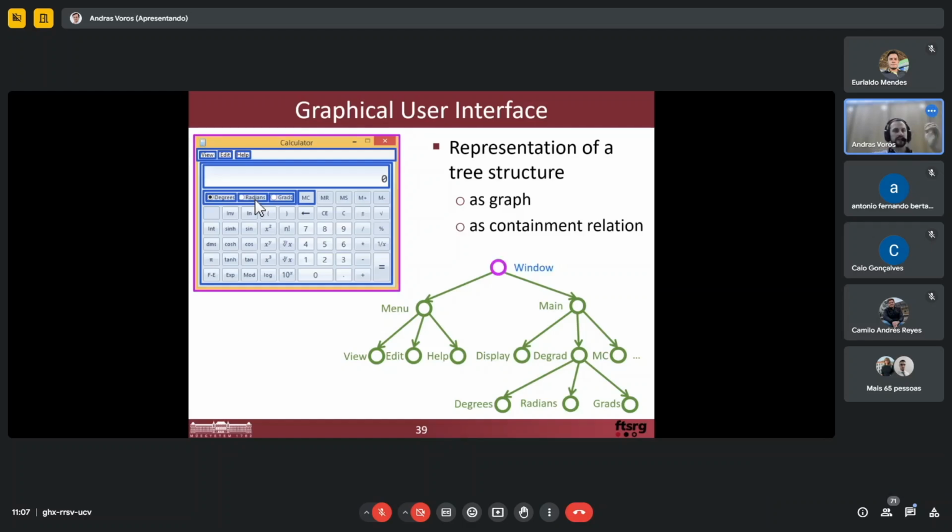Then I can start finding that part by going from the window to the main part, to the degree part, to the radians part. It's very important that in this functionality, at the degree part, you will also know that when I switch to radians from degrees, then I have to deactivate, uncheck the degrees part.